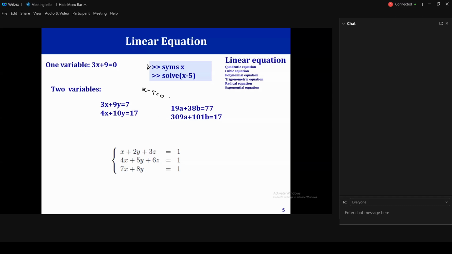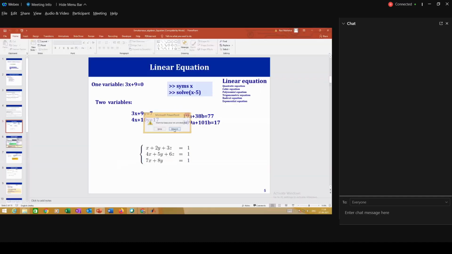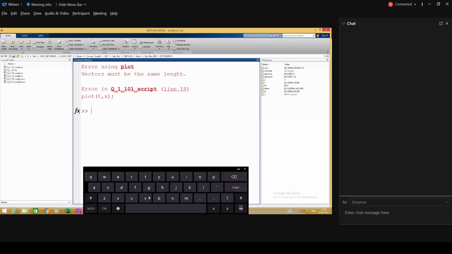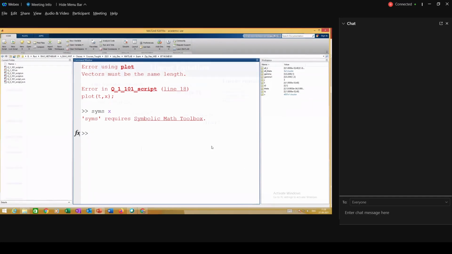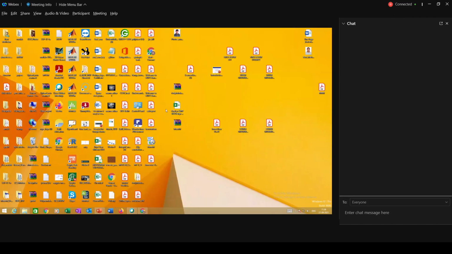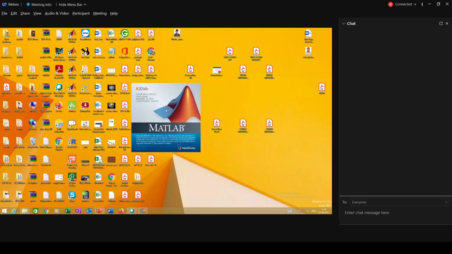Okay, so let's try to do it in Matlab. I am defining first syms x, so I defined my x variable as a symbolic term. How do we check what toolboxes are available with us?